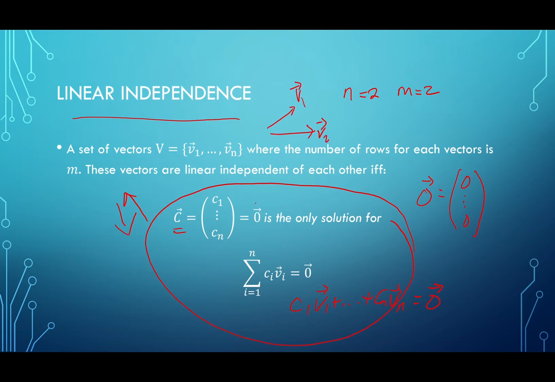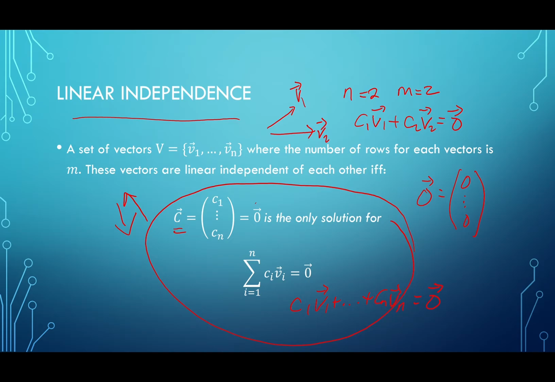Okay, in this diagram, can you convince yourself that if we have constants c1 and c2 such that c1 times v1 plus c2 v2 equals 0?